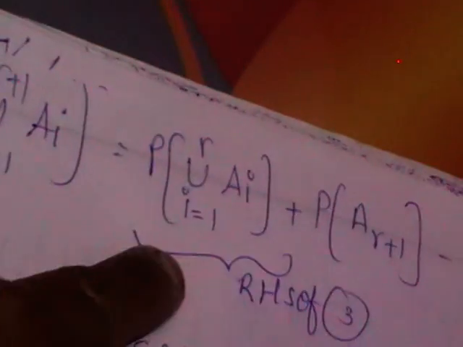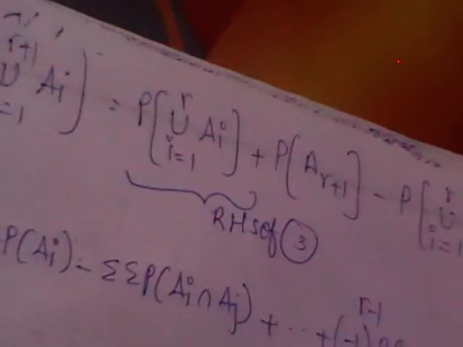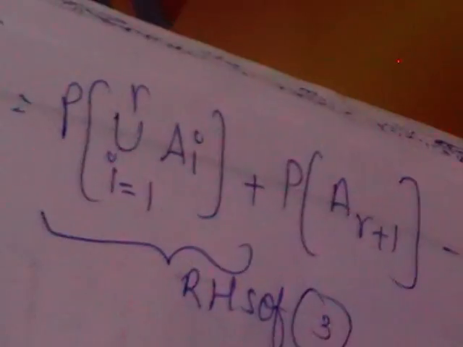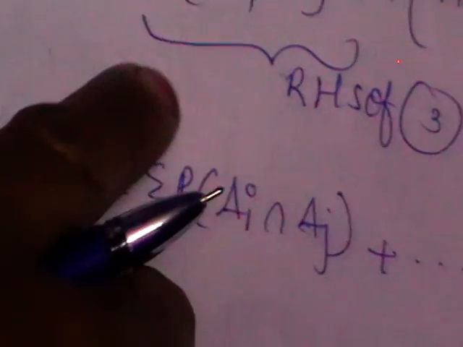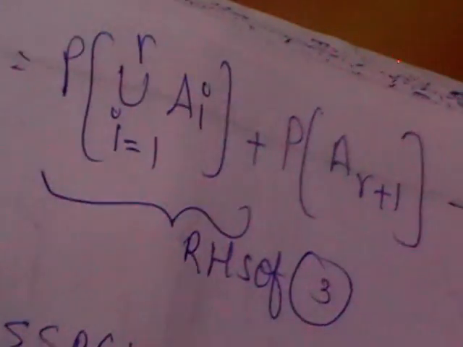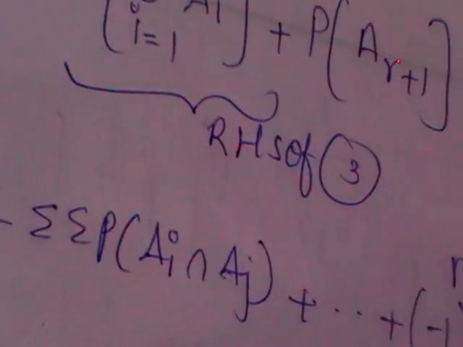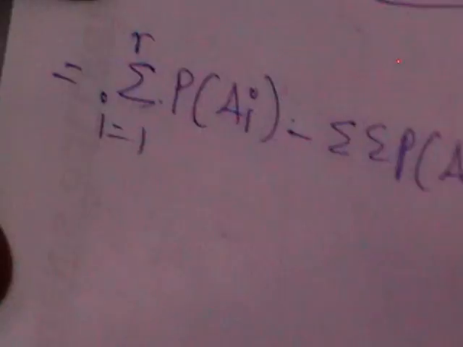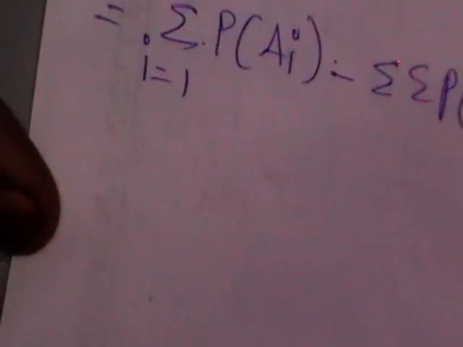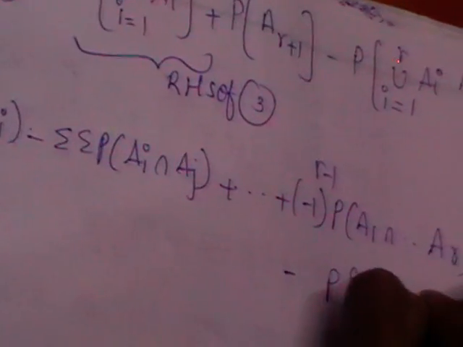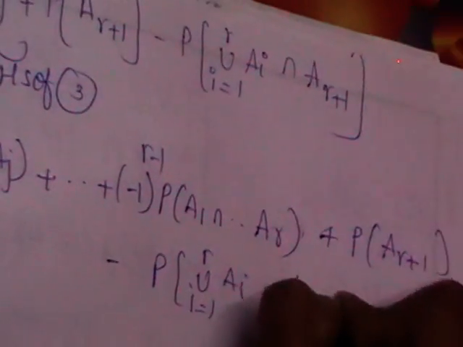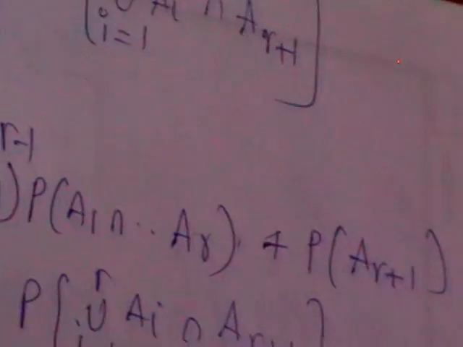The first term here is the same as the LHS of equation number 3, so the LHS are equal. This term can be replaced with the RHS of equation number 3, which is nothing but this, plus P of A(r plus 1), minus P of union i equals 1 to r of Ai intersection A(r plus 1).